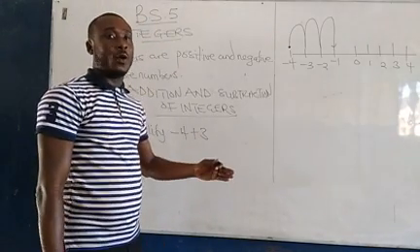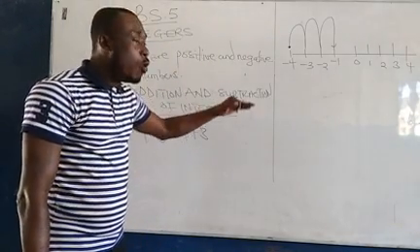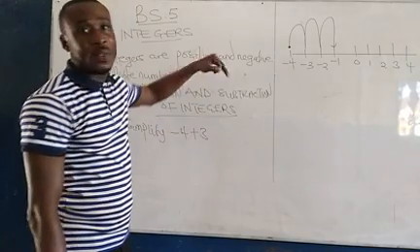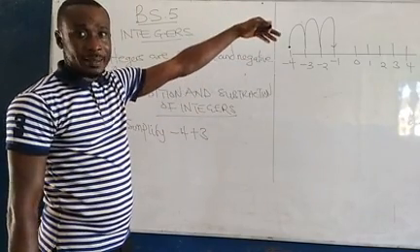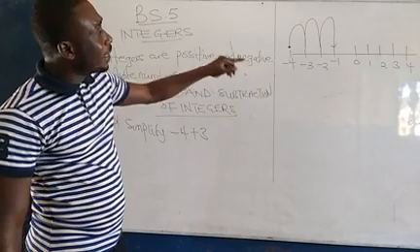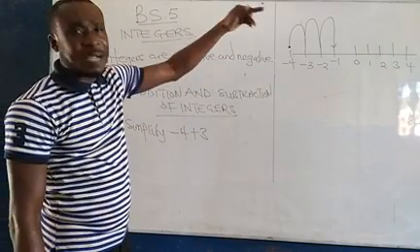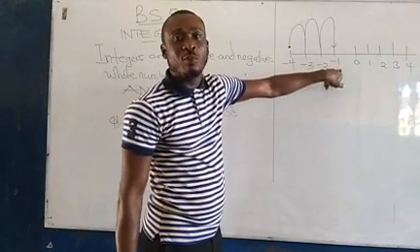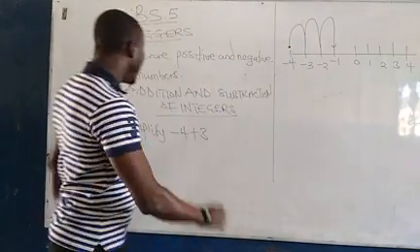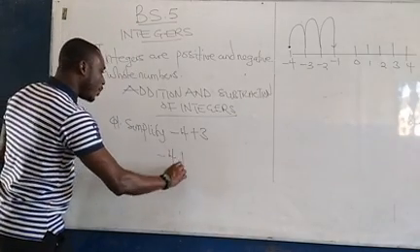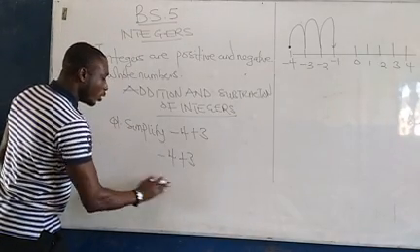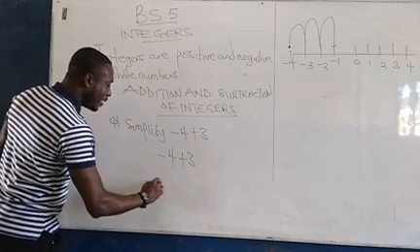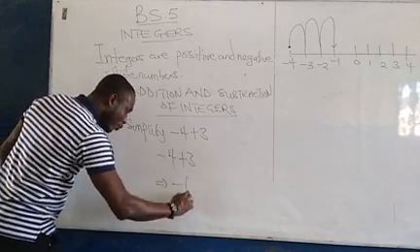Be on negative 4 and just move 3 times to your right. And when I locate myself on negative 4 and I move 3 times to the right, I will then end on negative 1. So this means if I have negative 4 plus 3, the result is negative 1.